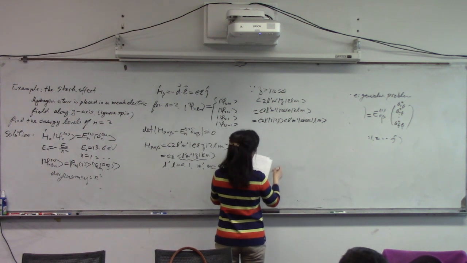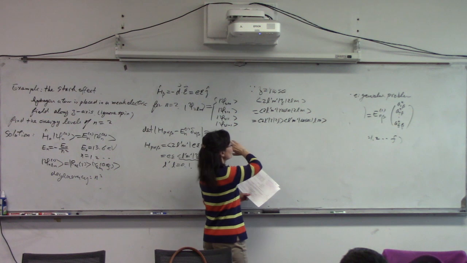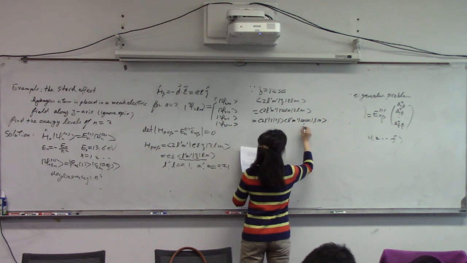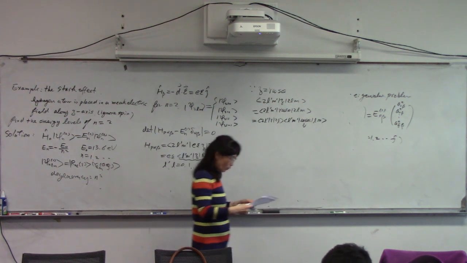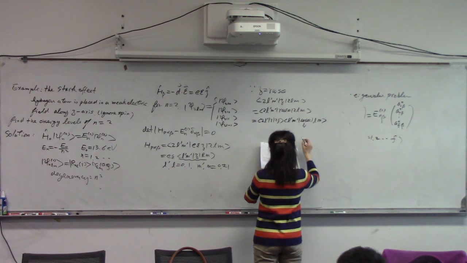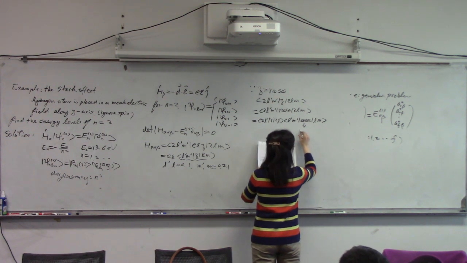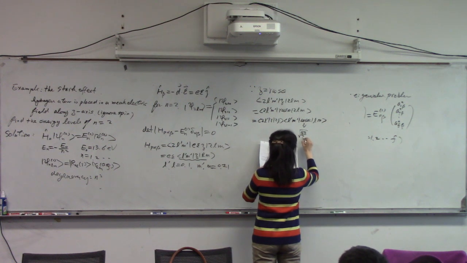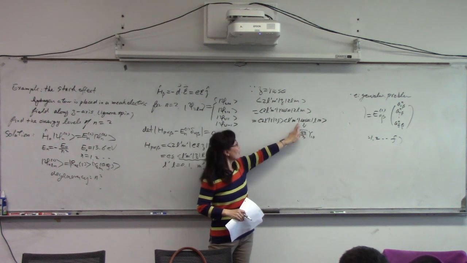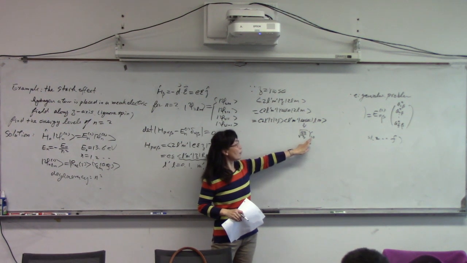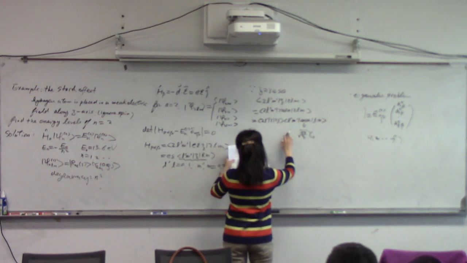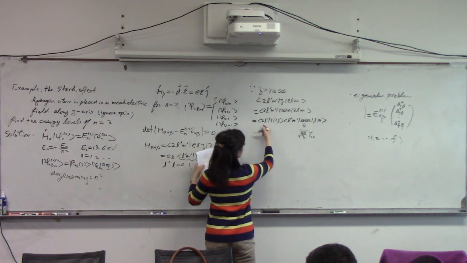And now for this one, remember we have several recursion equations. So cosine theta, if you look at the table in chapter 6, you will know this cosine theta corresponds to the square root of 4 pi over 3 times Y, this one, remember? So that is nothing but the spherical harmonic corresponding to L equal 1 and M equal 0 term. So now this one becomes like this. Let's keep this.